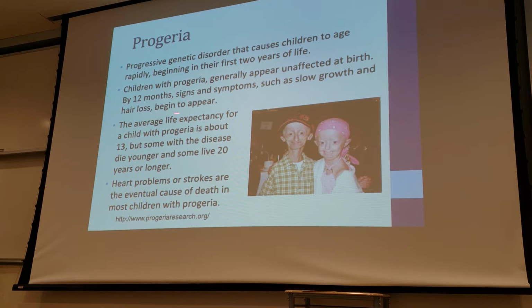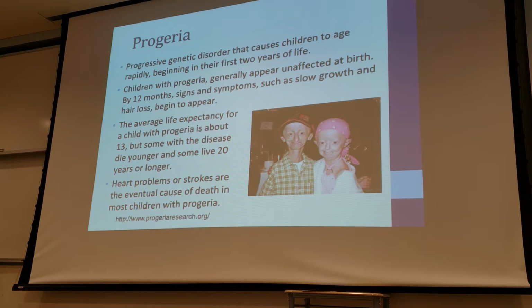They're not growing as fast. They really look like older people. They have a very characteristic bird-like face. And all of this results in them living much shorter, so they just really quickly age, and they die of problems that we normally associate with people of old age.